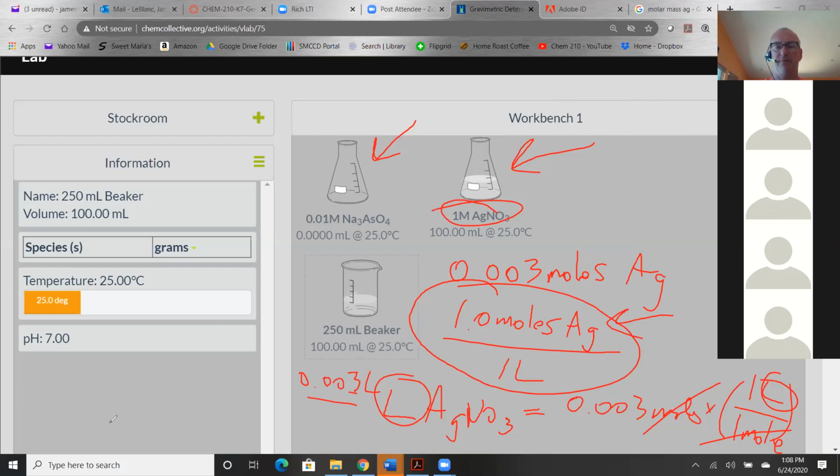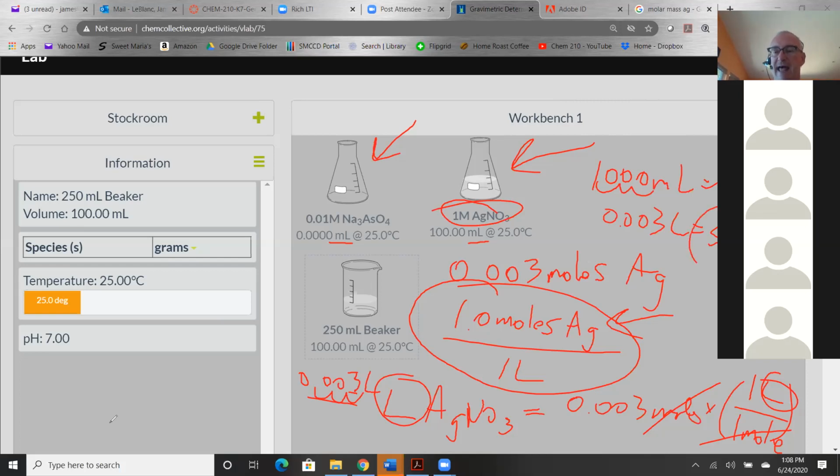Because really, we're measuring things in milliliters. 3 milliliters, that's right. Because there are 1,000 milliliters in 1 liter, so we moved the decimal 3 places. 0.003 liters is equal to 3 milliliters.